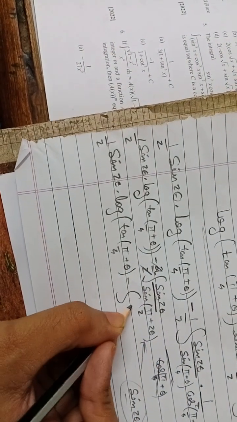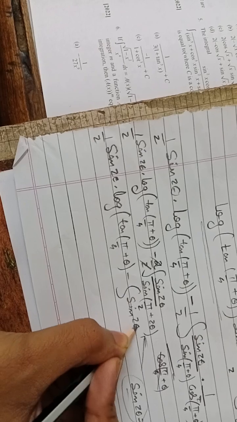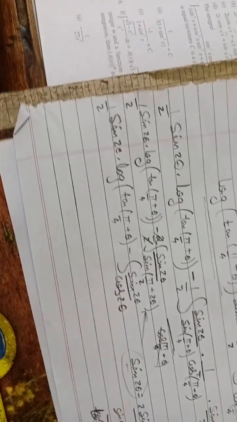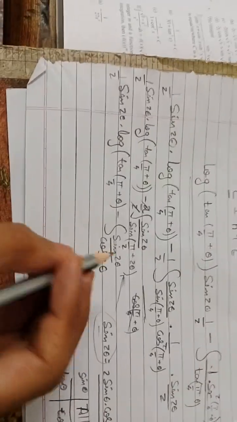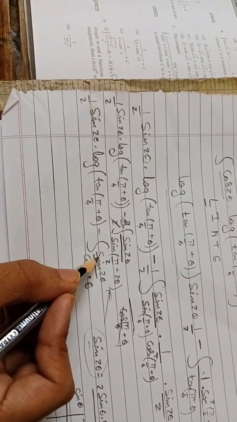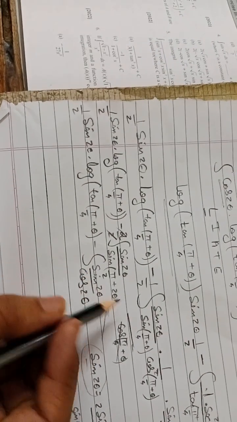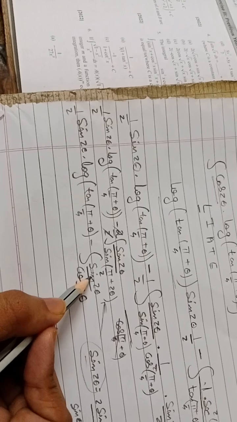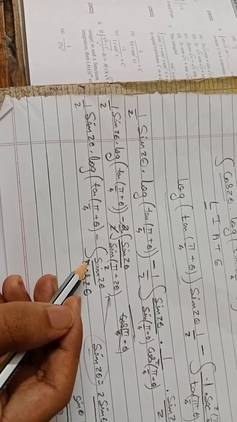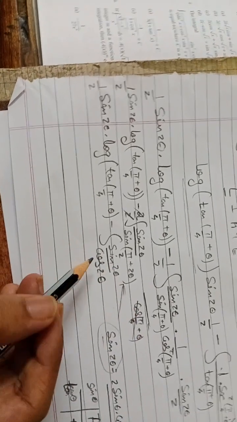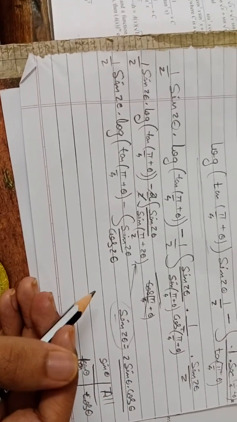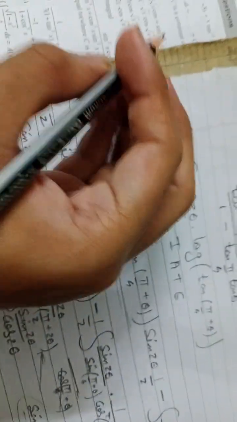this 2 gets cancelled, so we are left with integration of sine of 2 theta over cos of 2 theta. So if we know that if we have the derivative of the denominator in the numerator, the integration of that is just log of the denominator.